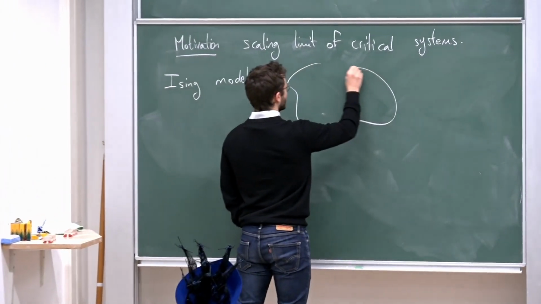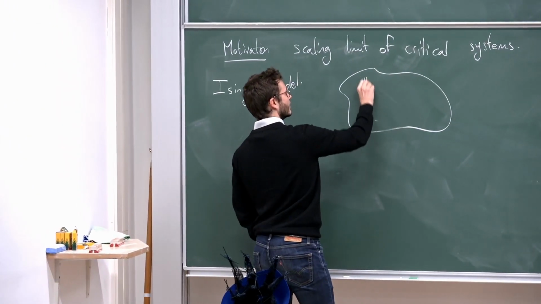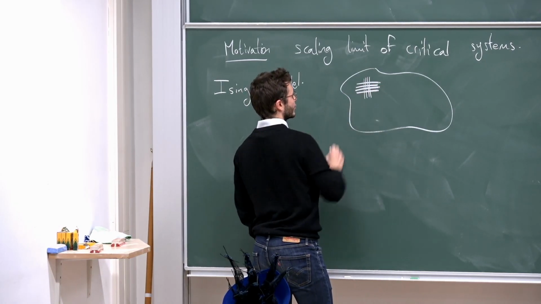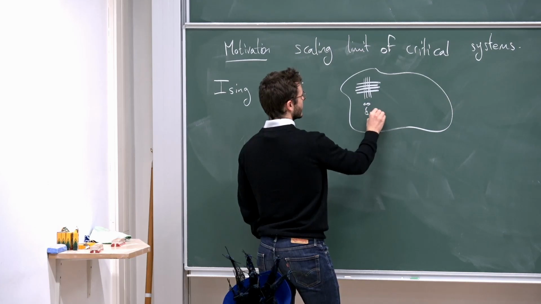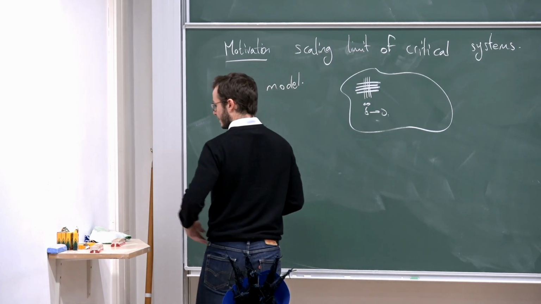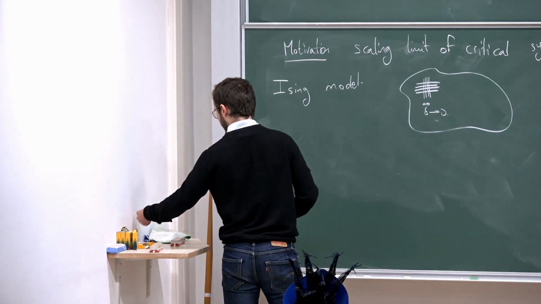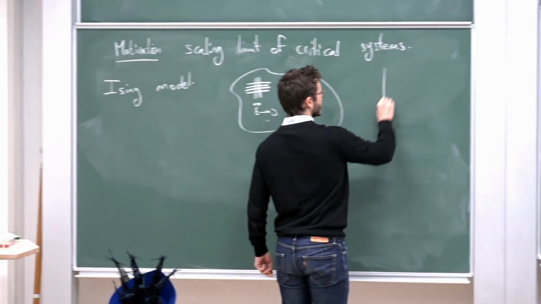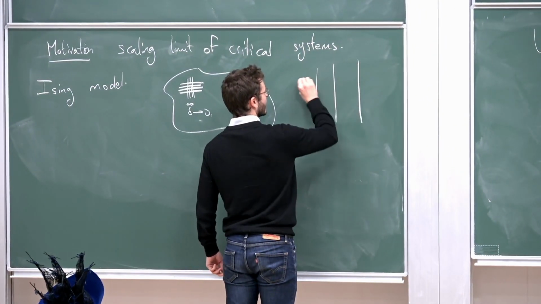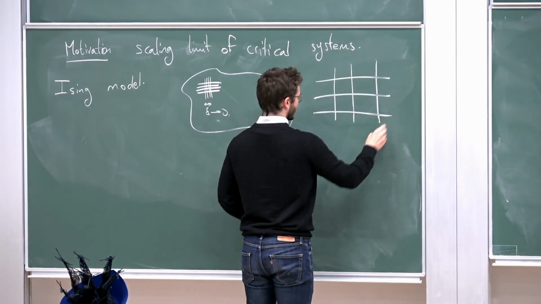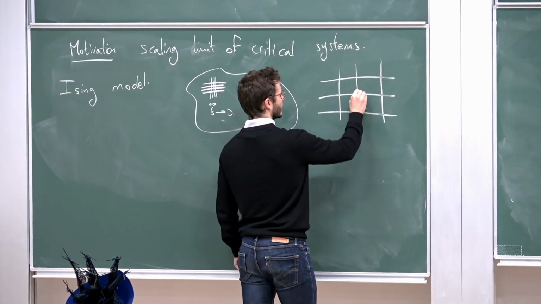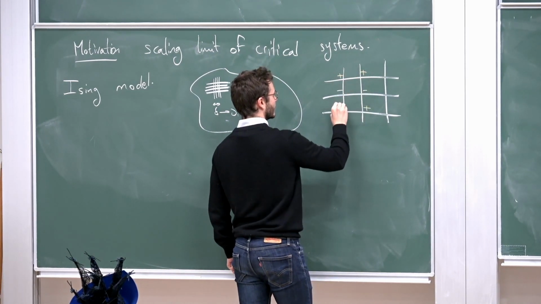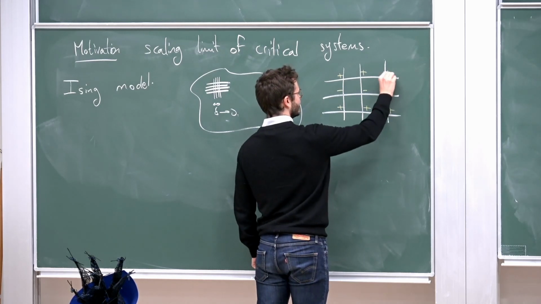that is approximated by a portion of a lattice, where the mesh size of my lattice delta tends to 0. And on each vertex of my lattice, I have a spin: plus, minus, plus, plus, minus, plus, something like that.